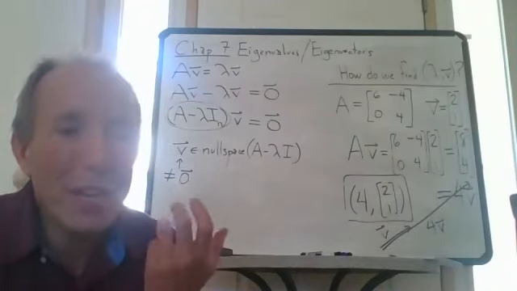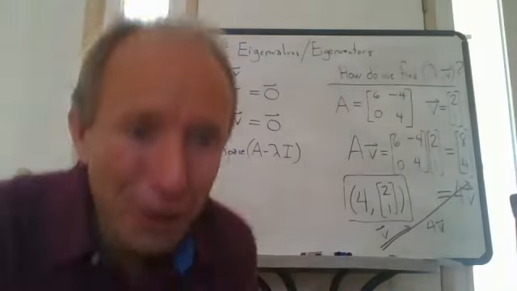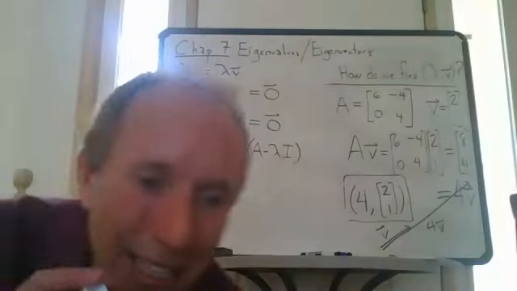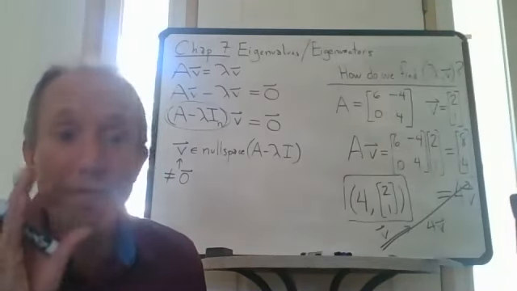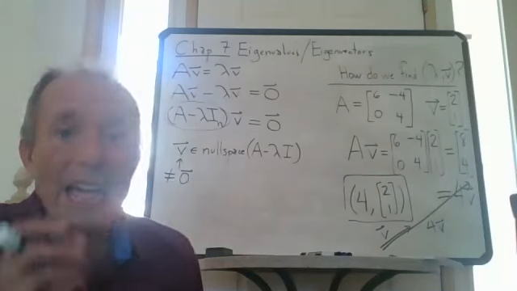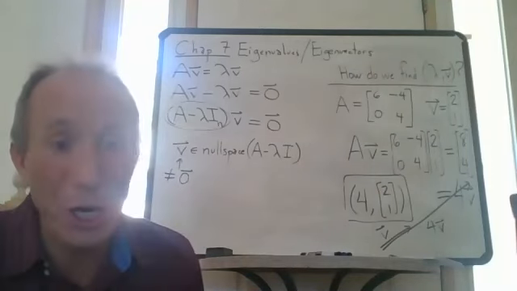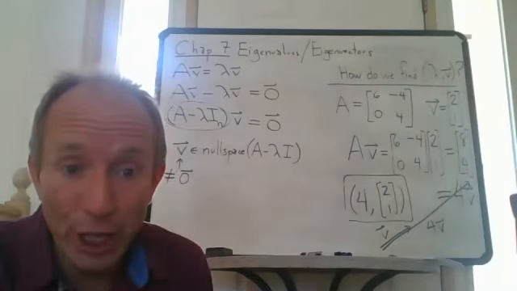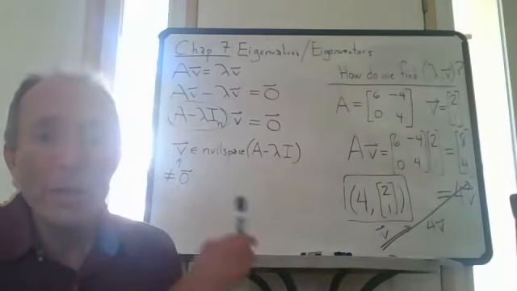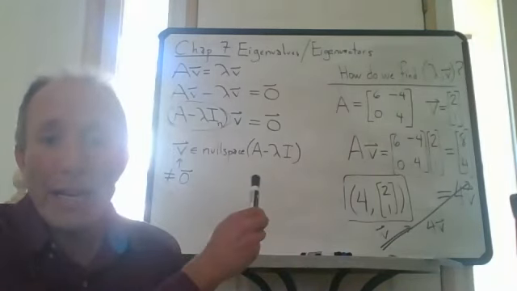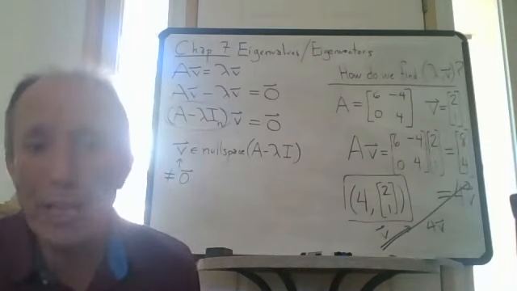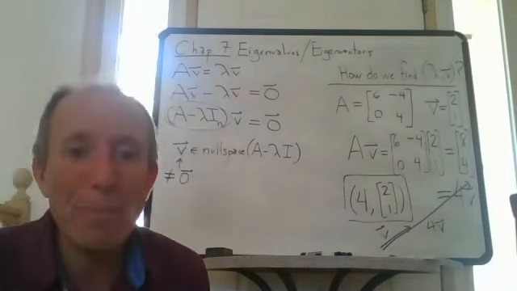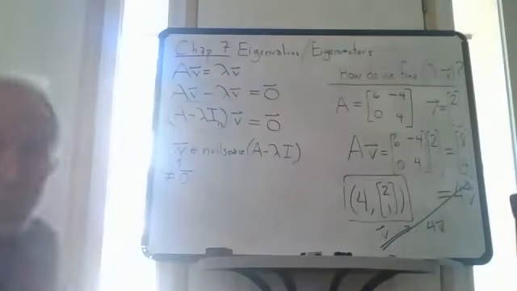I know it's been a long spring break, but one of the things we learned back in chapter 4 is that an invertible matrix has a null space of 0, a nullity of 0. So this matrix, A minus lambda I, does not have a null space of 0, which means that matrix is not invertible.